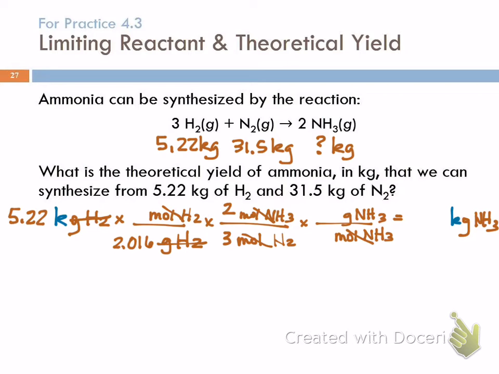And then over here, I need the molar mass of ammonia, which is 17.034: 1 nitrogen plus 3 hydrogens. So 5.22 divided by 2.016 times 2 divided by 3 times 17.034 equals.